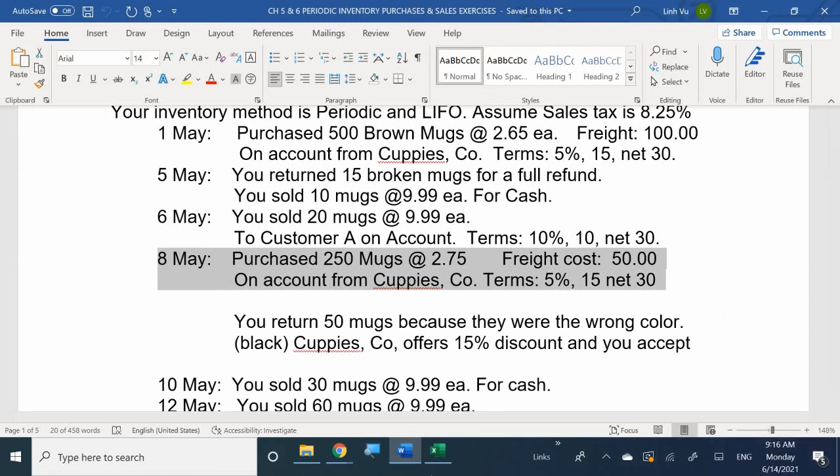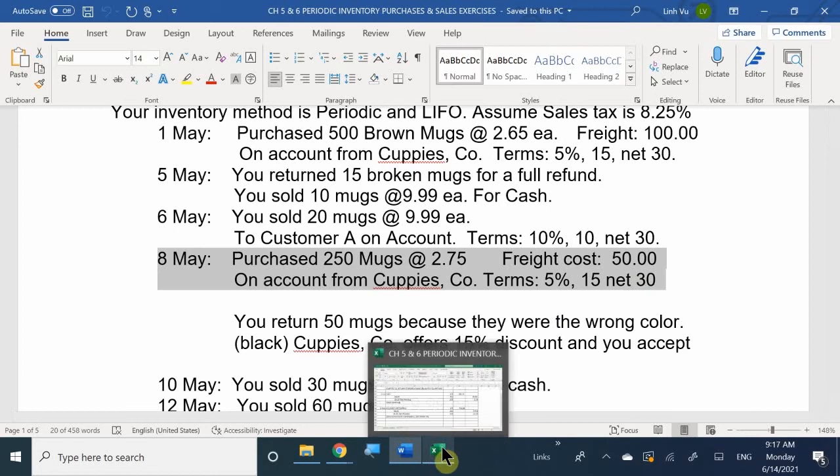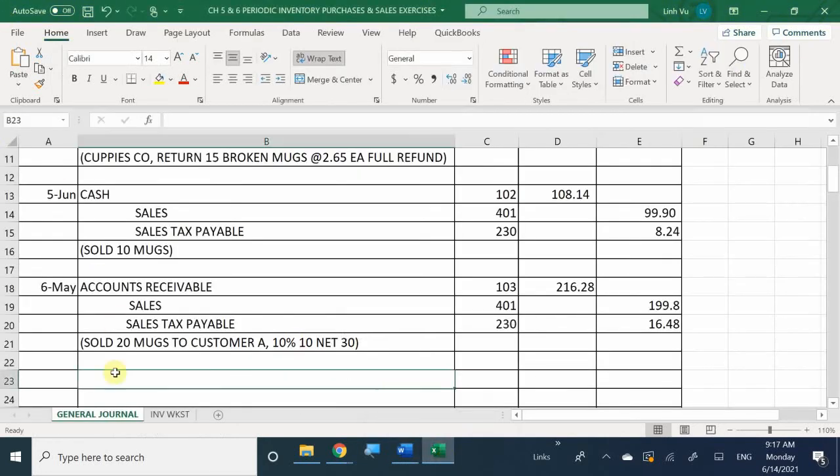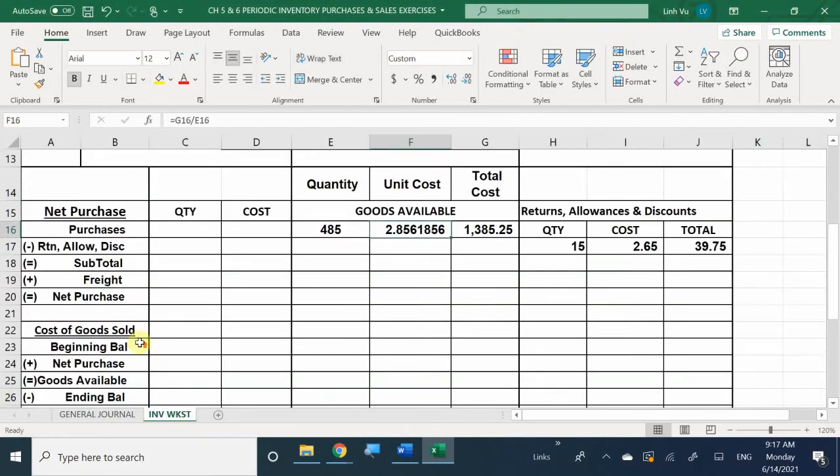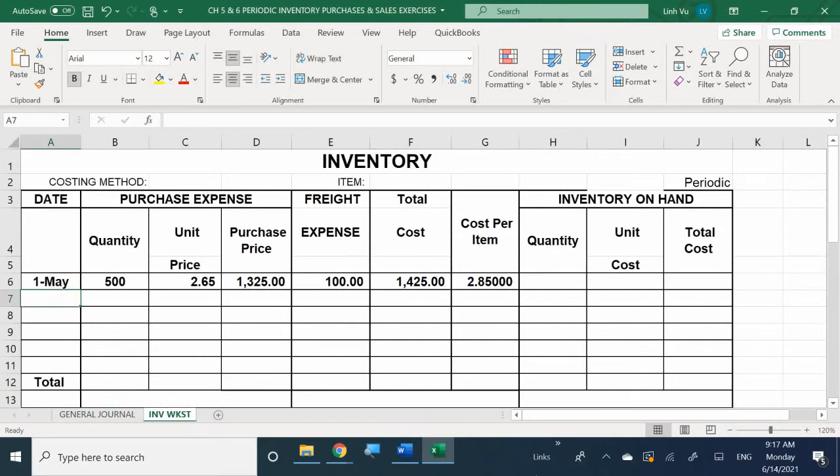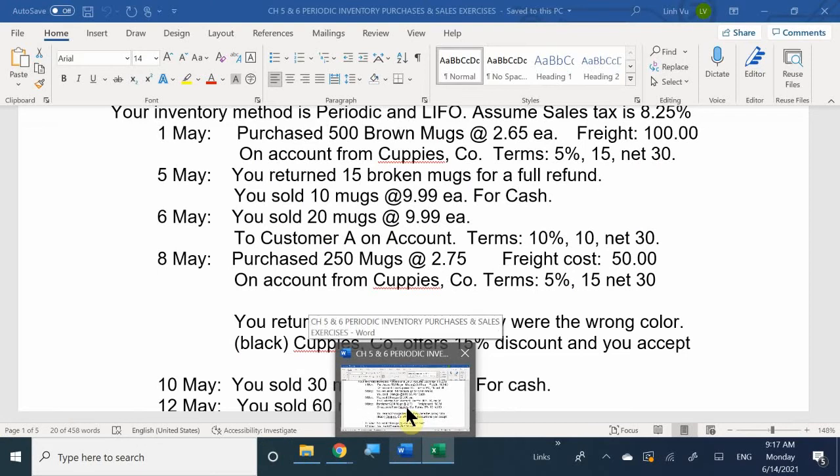Inventory worksheet. Okay, so 250 at 2.75. And the freight was $50. Yes, freight was $50.